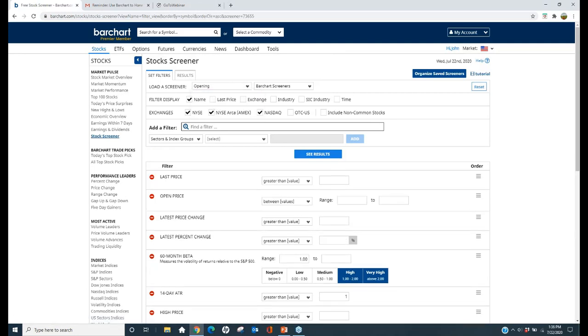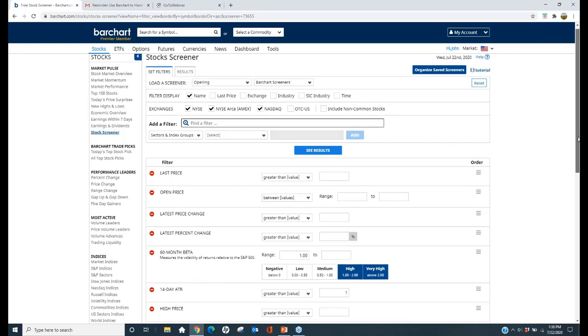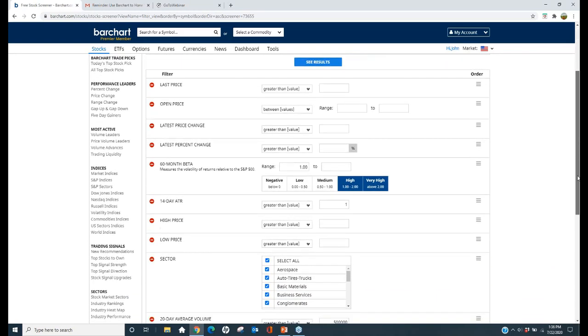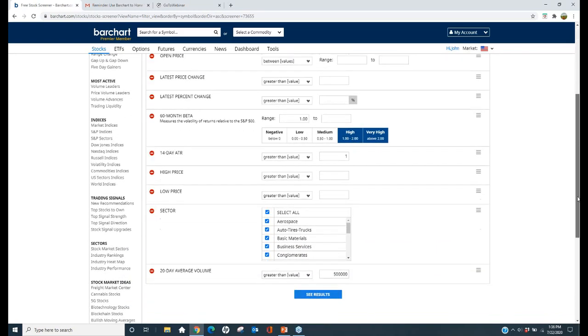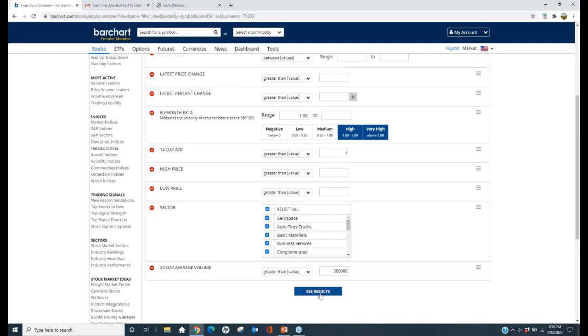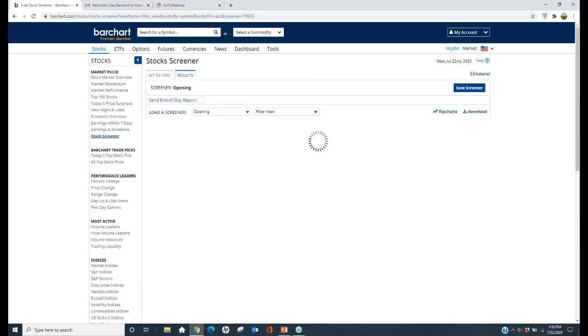Here I've created an opening screener, and you can see the same elements we talked about: last price, open price, percent change, my beta, my ATR is 1, and my value of volume.